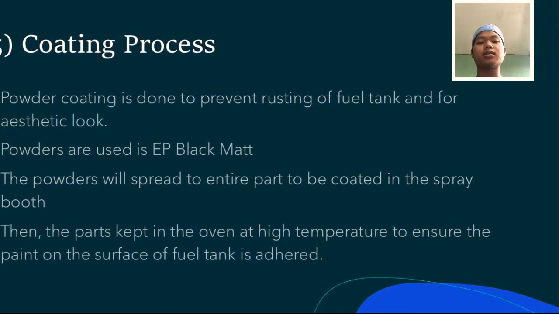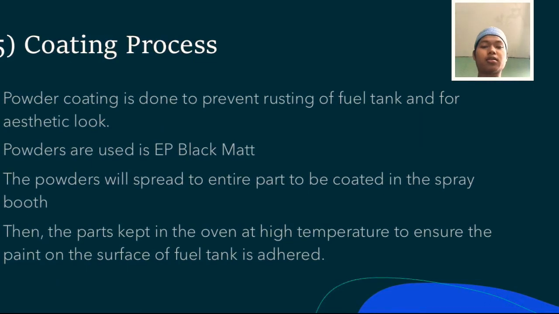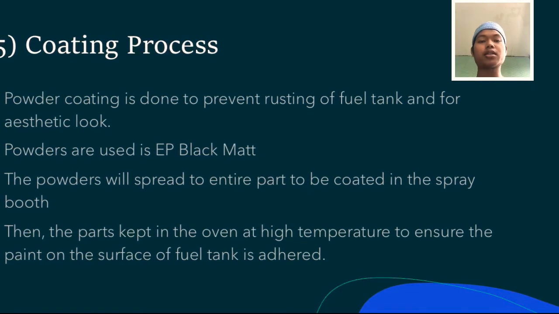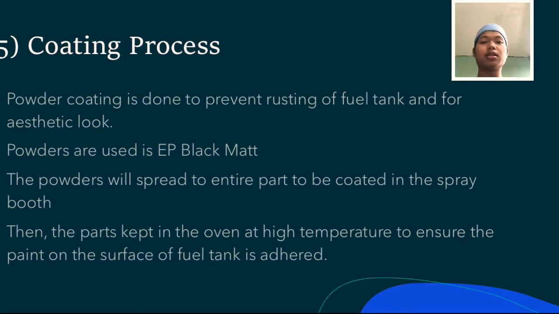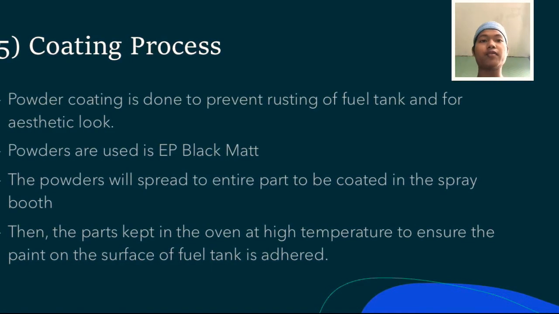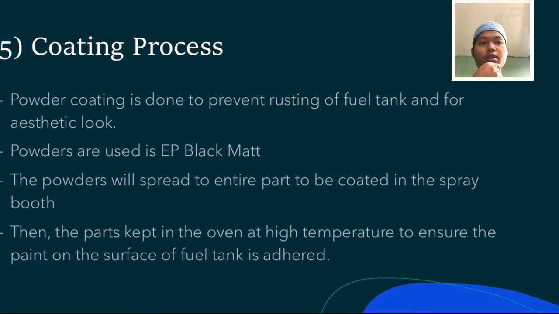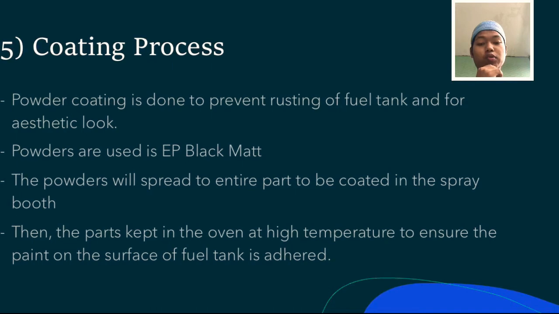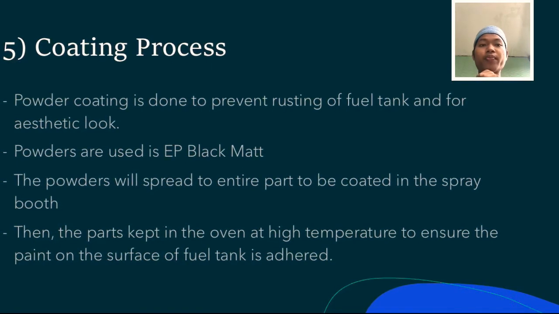Next is the coating process. This process is to make sure it is protected against environmental elements. The powder coating is done to prevent rusting of the fuel tank and for an aesthetic look.